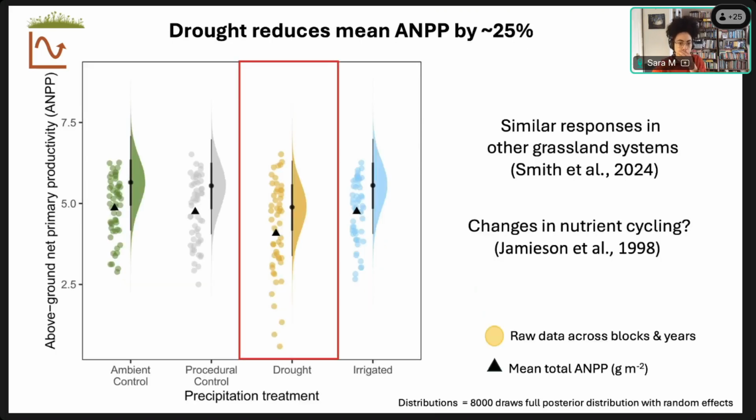If we're thinking about productivity split across treatments, we have the treatments along the bottom: ambient control, procedural control, drought and irrigated, and productivity up on the y-axis. You can see that drought reduces the mean productivity by roughly 25%. And there are similar responses in other grasslands as well, so it's not totally unexpected.